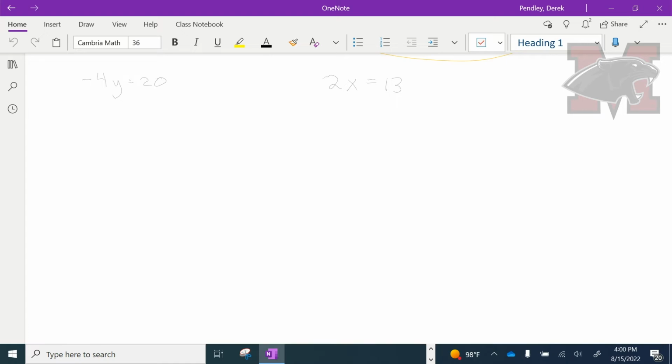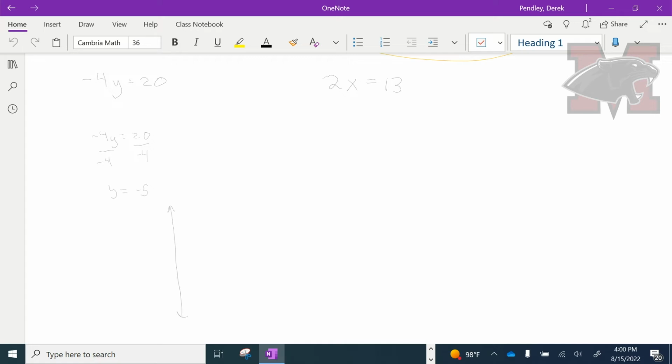All right, welcome back. So what I'm going to do is solve for y. I have negative 4y is equal to 20. Divide by negative 4. So y is equal to negative 5. Where is that true?